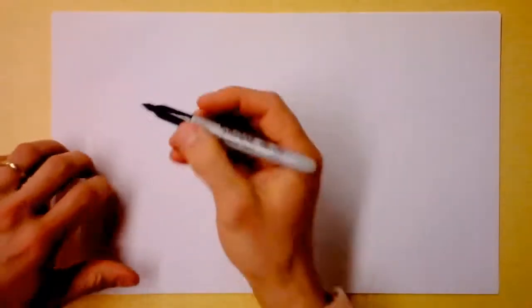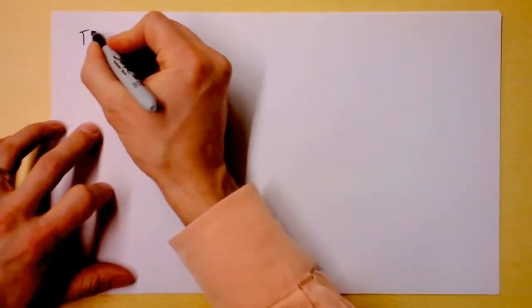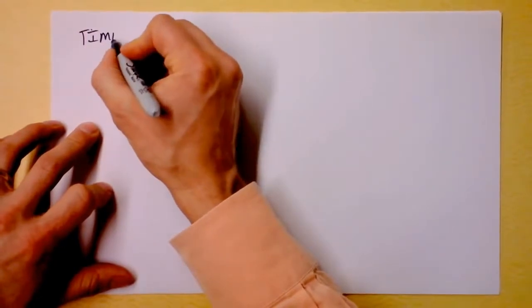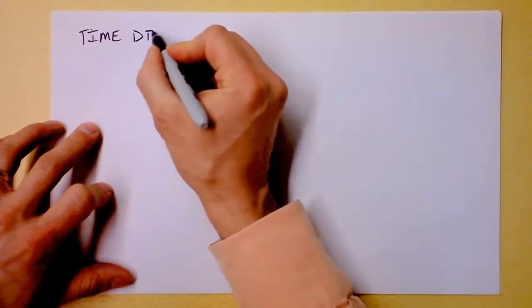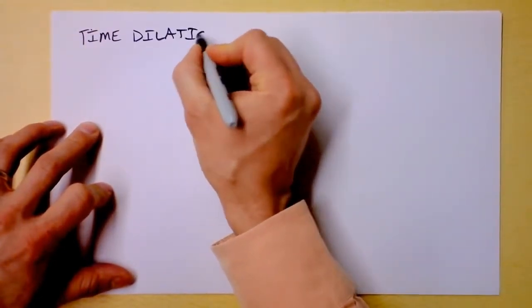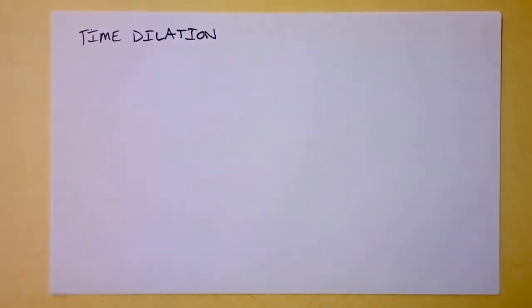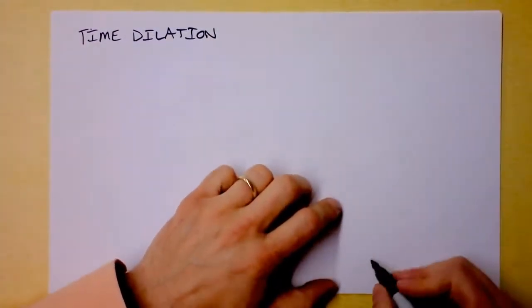I'm going to make a little bit of a summary for you of some things we know from special relativity. Here they are. We have time dilation. And remember, the thing about special relativity is that everything so far seems to be governed by this factor of gamma.